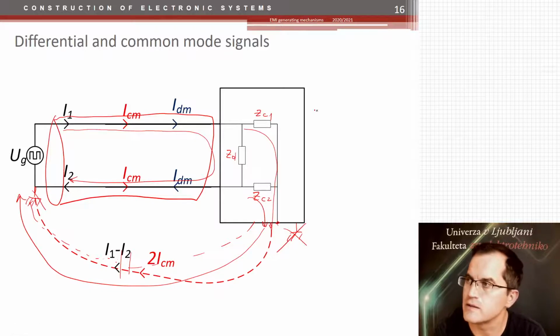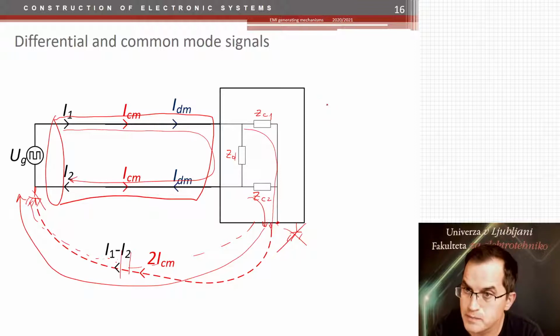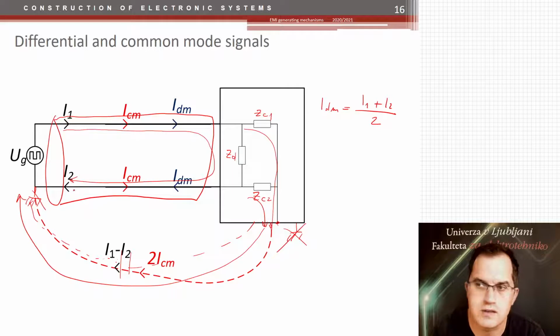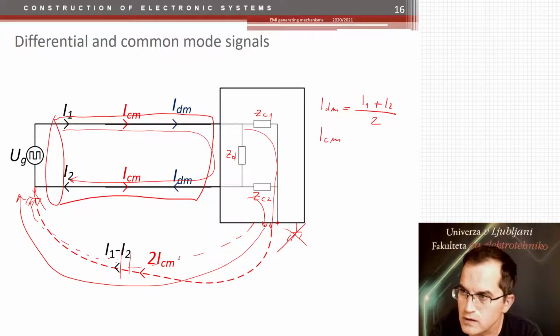The differential mode current, IDM, equals the sum of these two currents divided by two, so the average value of these two currents. The common mode part, the one that runs here, is the difference between these two currents divided by 2.